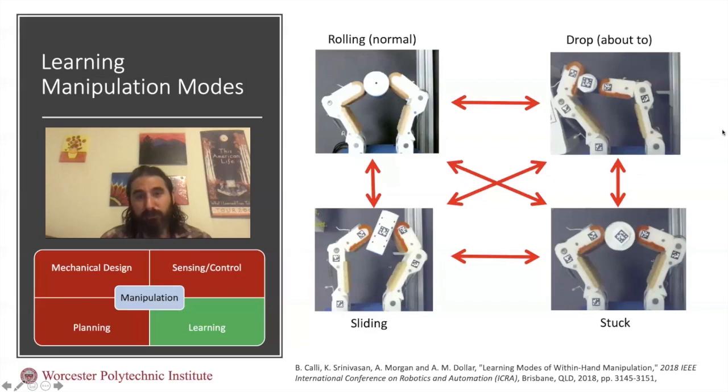This is why we also adopted a learning scheme in our within-hand manipulation process, in which we were trying to estimate which manipulation mode we were in. Are we in within-hand rolling? Are we about to drop the object? Or are we doing within-hand sliding?